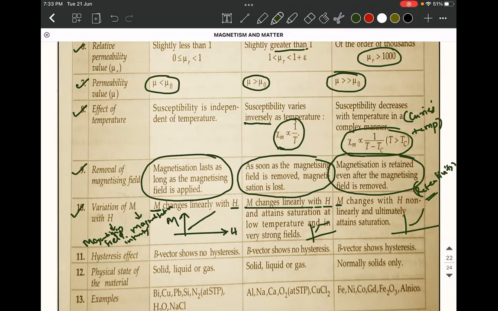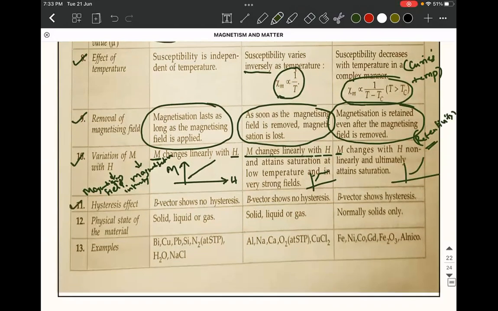Next, there is something called the hysteresis effect. Hysteresis means lagging.